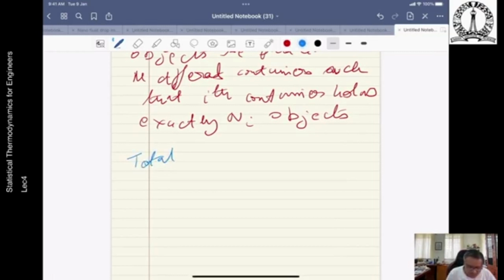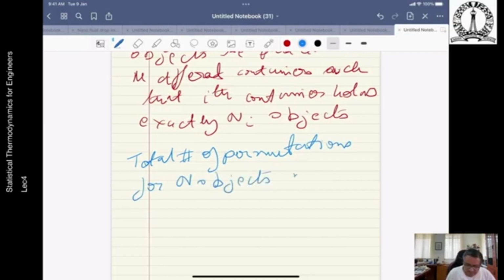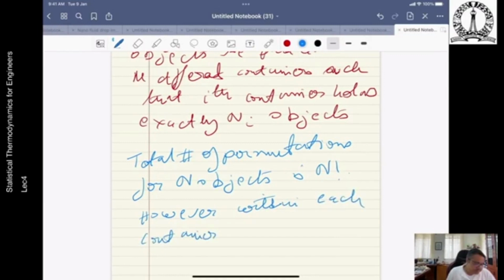If we analyze the problem, the total number of permutations for n objects is n factorial. However, within each container, the permutations are irrelevant.